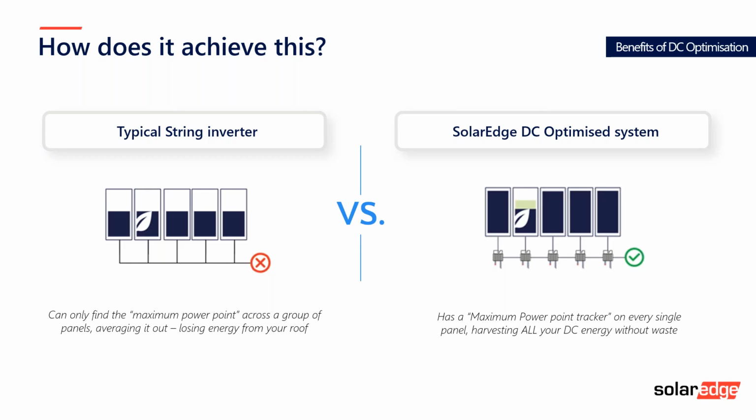So should there be a poor performing module, whether through manufacturing tolerance, effects of heat and time, soiling, configuration, orientation, inclination, whatever it might be, they're unable to isolate poor performing modules within that string. And the optimizer is able to do that. So not only does it allow the best performing modules to perform at their peak, but it also isolates poorer performing panels, whatever the reason might be, from bringing down the rest of the string. And that has a significant impact over the life of the system. But that's only one element of where you get higher yield from a SolarEdge solution.